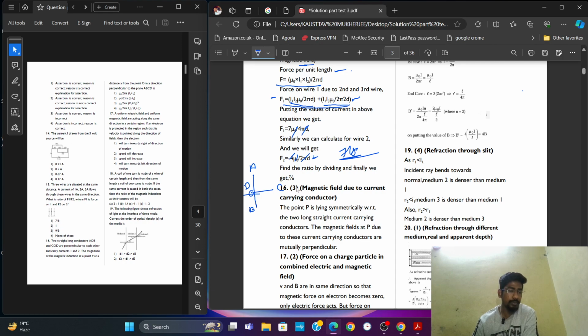The magnitude of the magnetic induction at a point P at a distance A from the point O, in a direction perpendicular to the plane of AB and CD, in this direction.